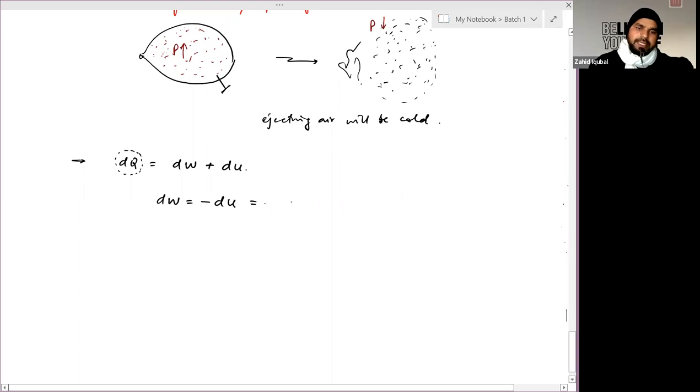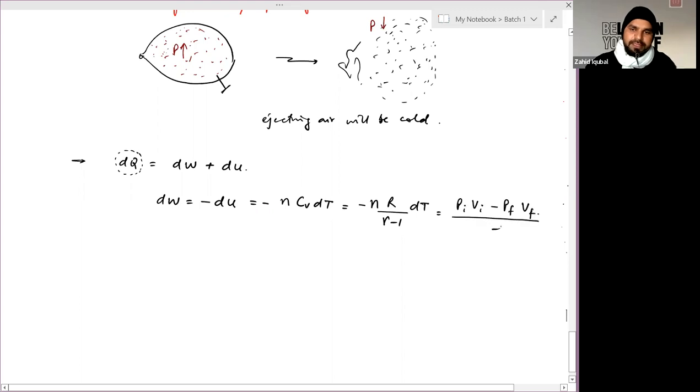So it will be minus n Cv dT, which is minus nR divided by gamma minus 1 into dT. So it will be (Pi Vi minus Pf Vf) divided by gamma minus 1. This will be the total work done during this adiabatic process, or simply work done will be the negative of change in internal energy.